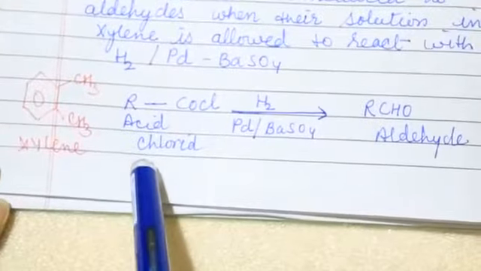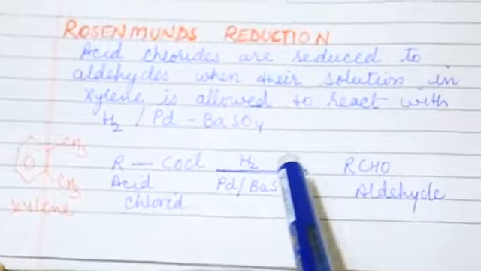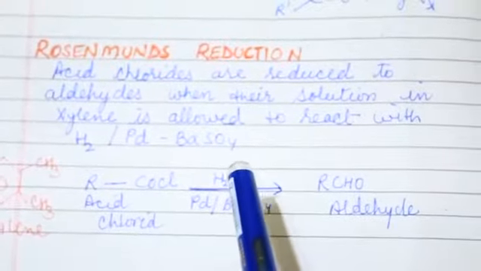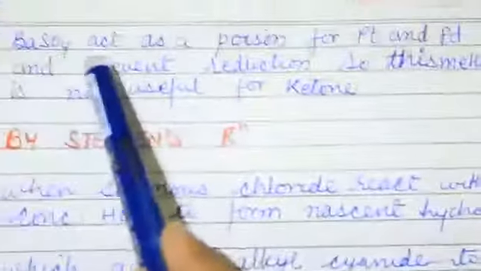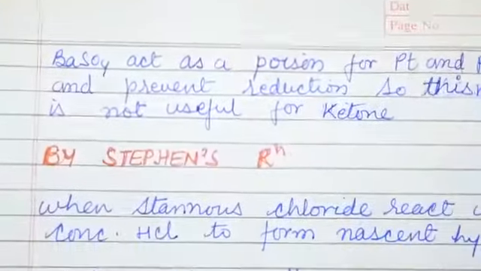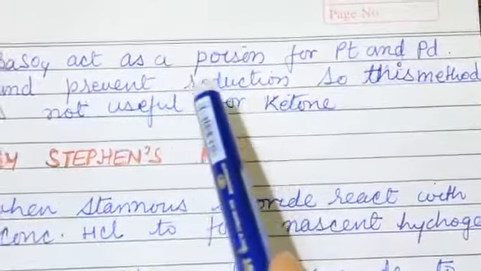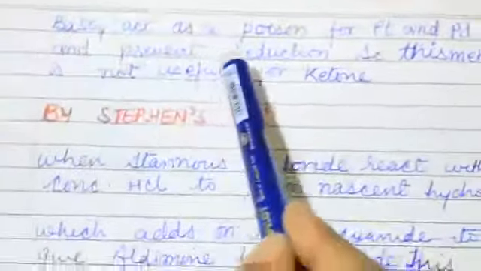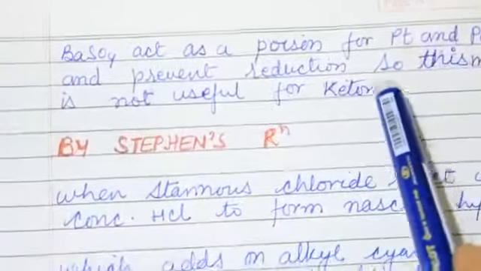So we have acid chloride here. In the presence of this catalyst, this acid chloride reacts, and then aldehyde is formed. BaSO4 acts as a poison for palladium and prevents further reduction. So this method is not useful for ketone.